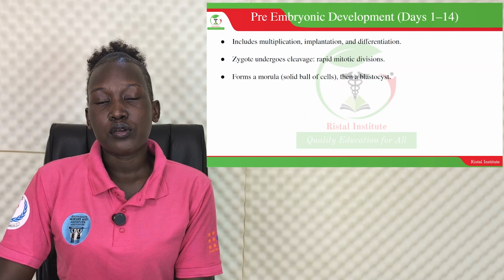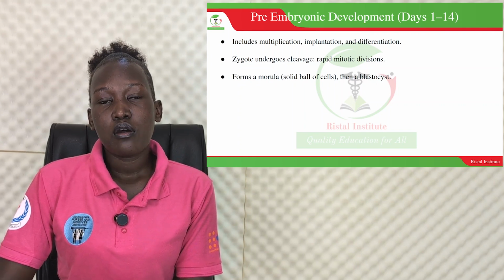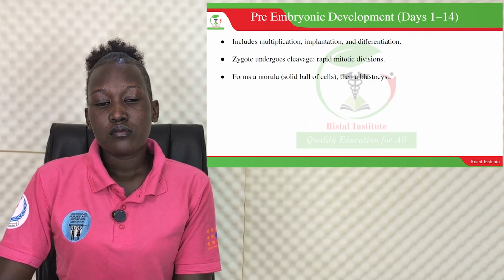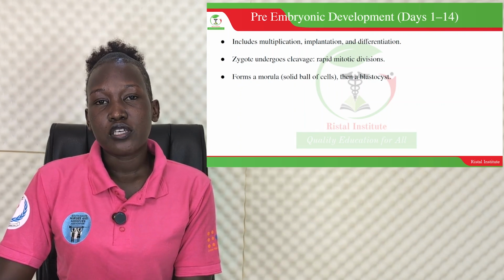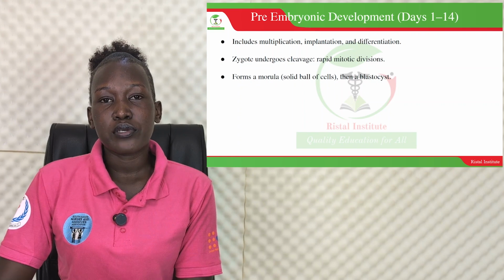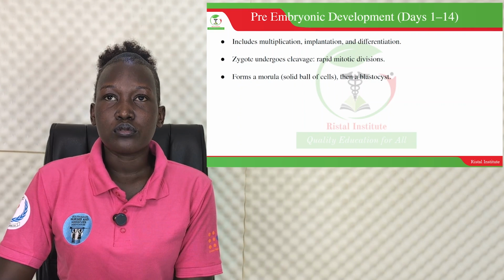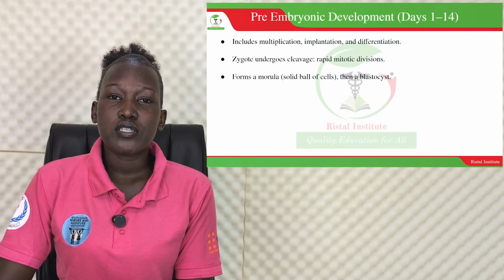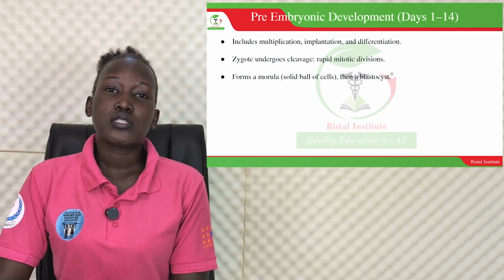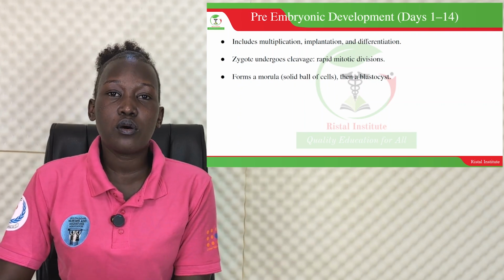Then we have what we call the embryonic period, and then the fetal period. So from day 1 up to day 14, we call it the pre-embryonic period. Then from the 14th day up to 8 weeks, we call it the embryonic period. Then from 8 weeks up to term, that is what we call the fetal period.